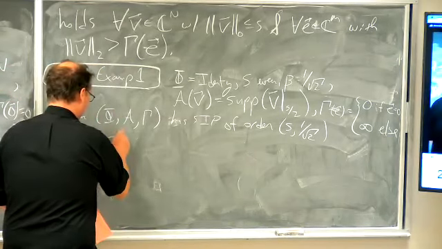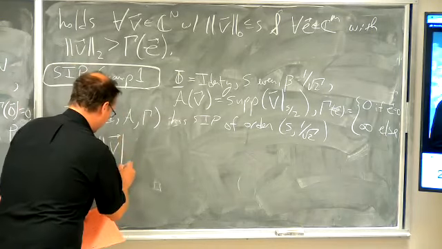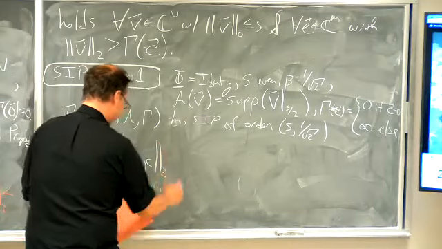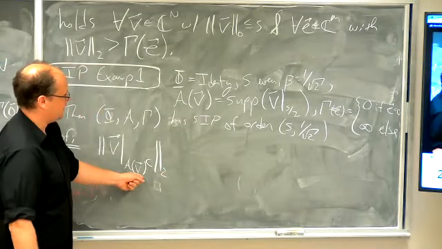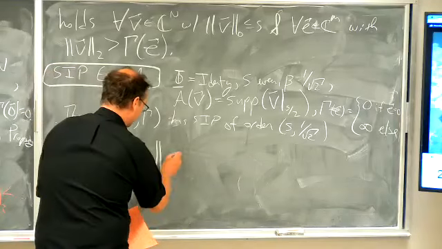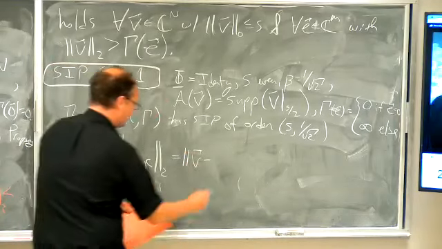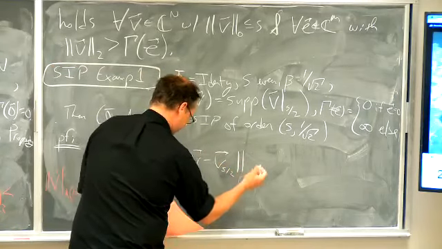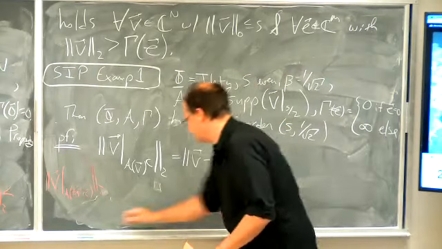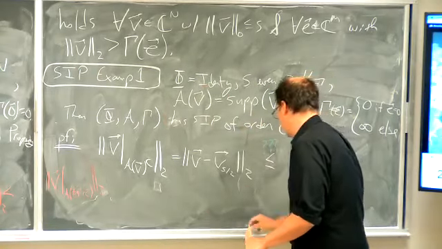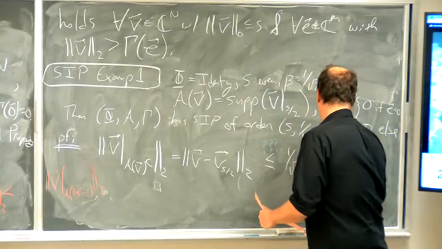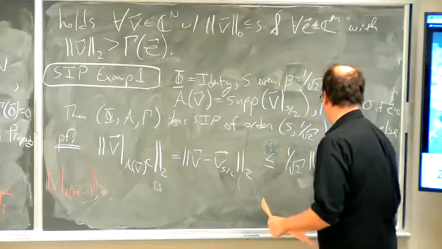So let's think about this. If I take my vector and restrict to the complement of the set output by this, and look at its 2 norm, this is going to output the best S over 2 approximation to V. So that means this is going to be exactly the 2 norm of V minus V_{S/2}. And what we want to know, and I'm not asserting that this is true, but in order for this to have the SIP triple property, is this less than 1 over the square root of 2 times the 2 norm of V for all S sparse V?